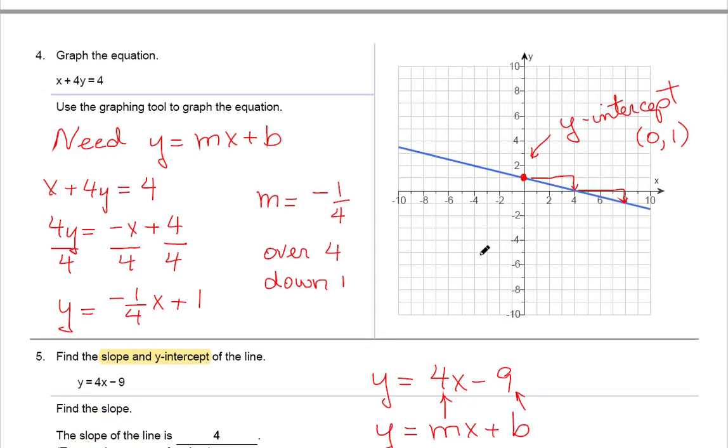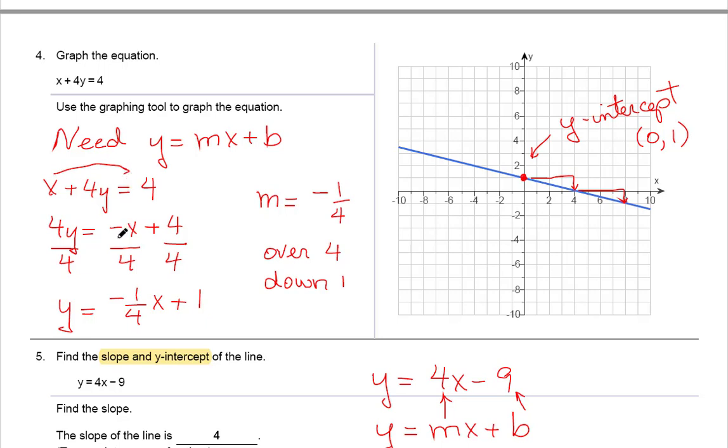All right, what about question 4 here? They say graph this equation of a line. Well, first off, it's not in a good format that I can determine anything about it. So I need to manipulate the equation so that it looks like our template. Well, let's see. Here's where we start. I'm going to move the x term, so I'm going to subtract it from both sides.